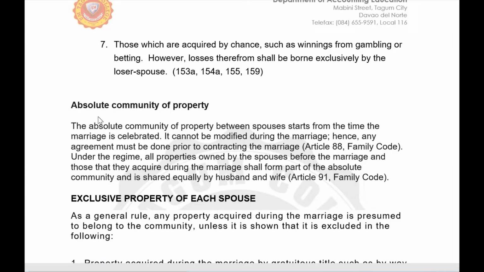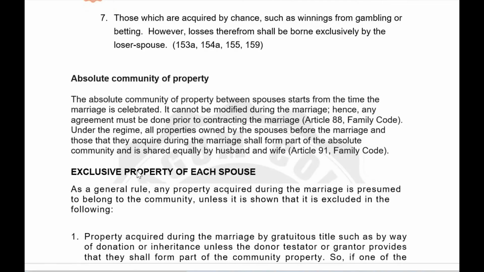Okay? Yan. But what are the exclusive property of each spouse? No, kasi may exemption naman din yung lahat ng property maging part ng communal property, no, or community property. So ito yung exclusive property lang.